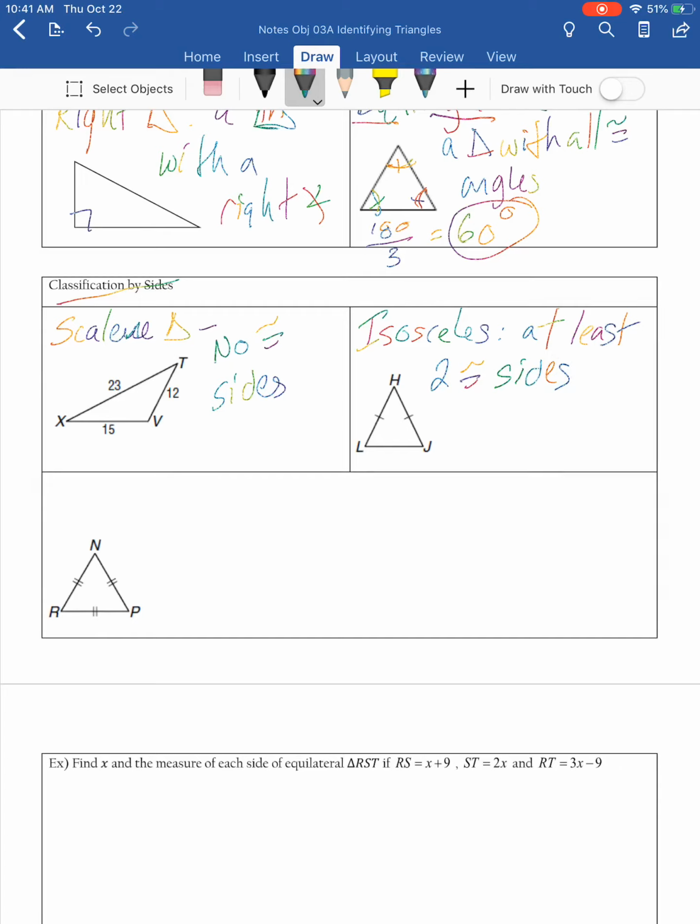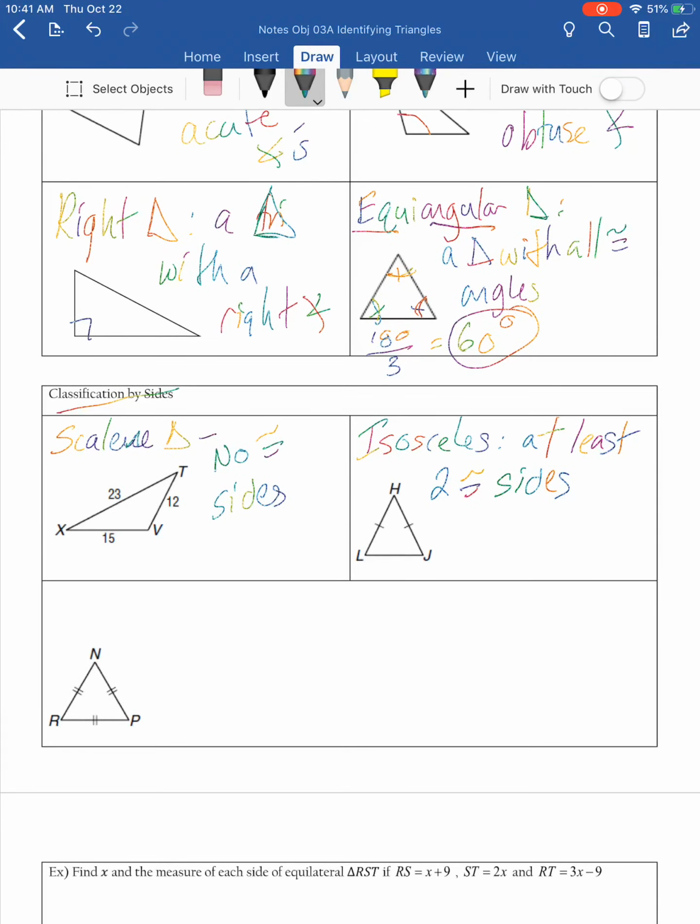When we talk about equilateral, parts of your isosceles triangle, and actually I didn't go back up, I'm going to go back up really quickly, just so you know your parts of your right triangle. So my right triangle has two, these are called the legs, and this of course is the hypotenuse. Okay, so those are the parts of your right triangle.